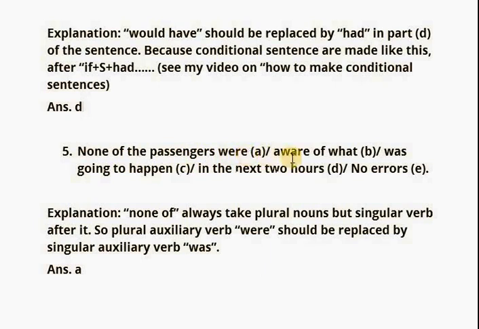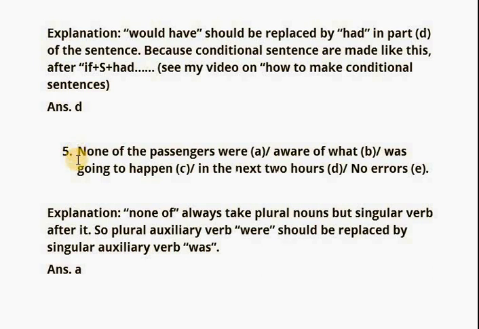None of the passengers were aware of what was going to happen in the next 2 hours. After none of, we always take a plural noun but a singular verb. Here we have a plural verb, so it should be replaced by was, a singular auxiliary verb.